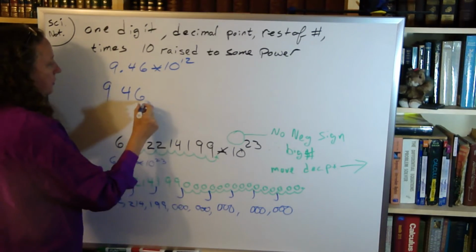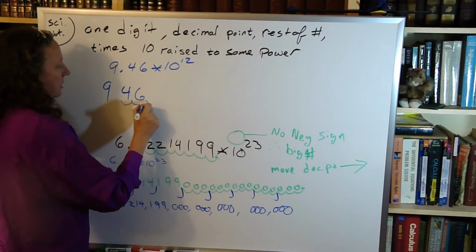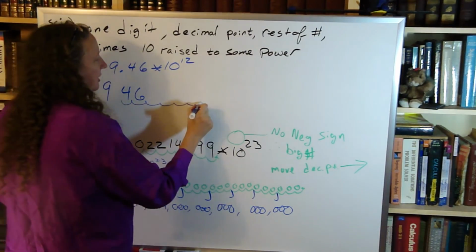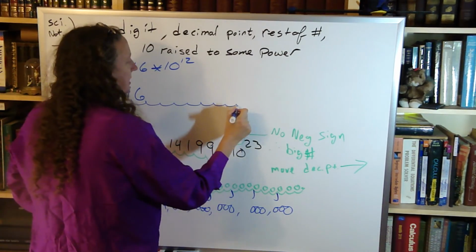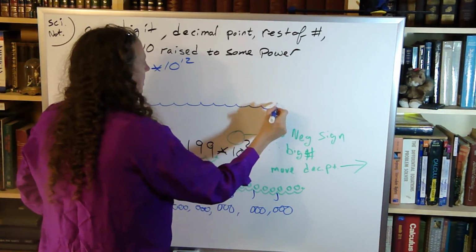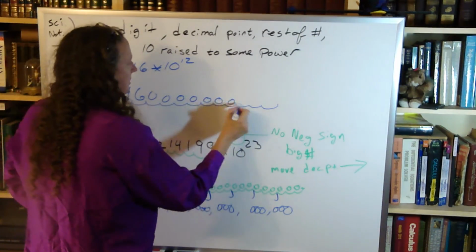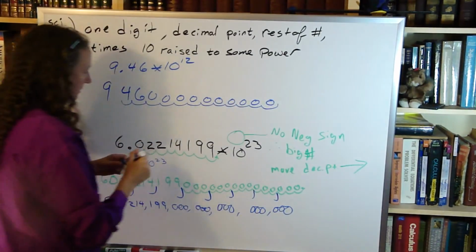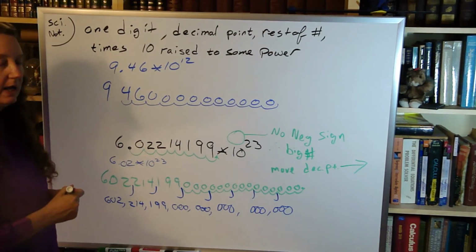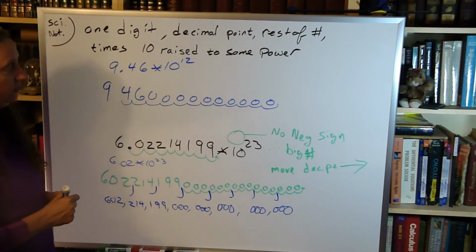So 1, 2, 3, 4, 5, 6, 7, 8, 9, 10, 11, 12. Word problem usually needs units.